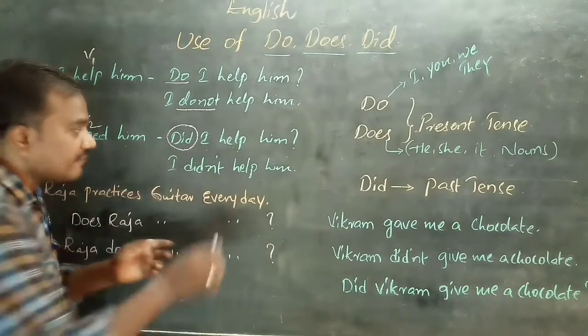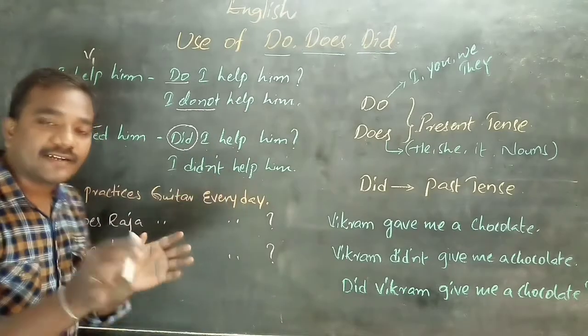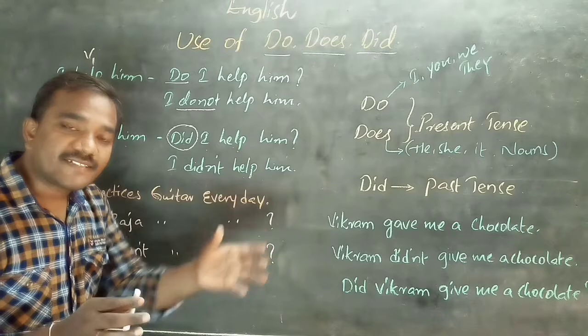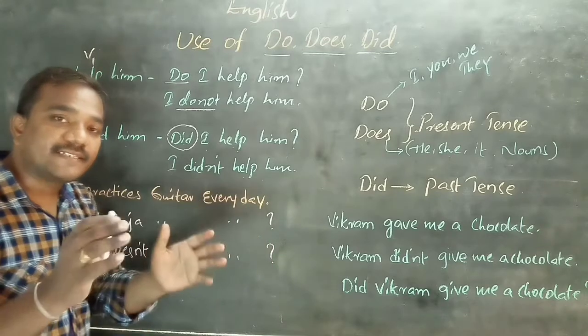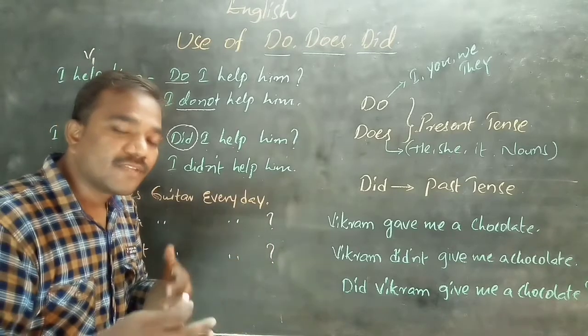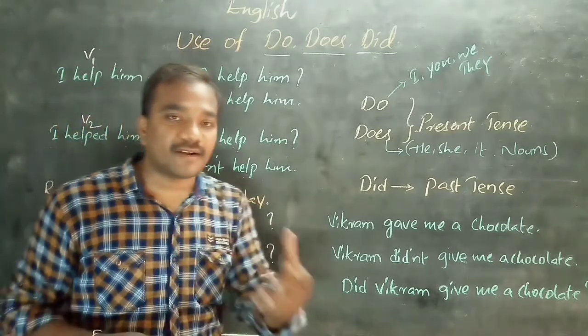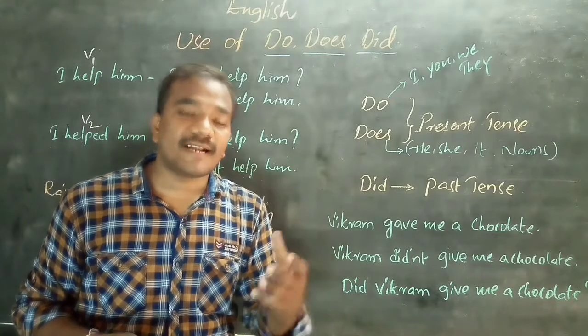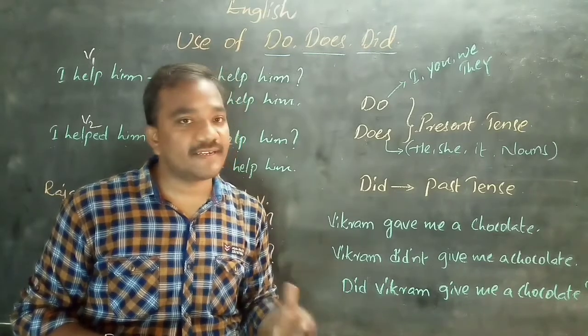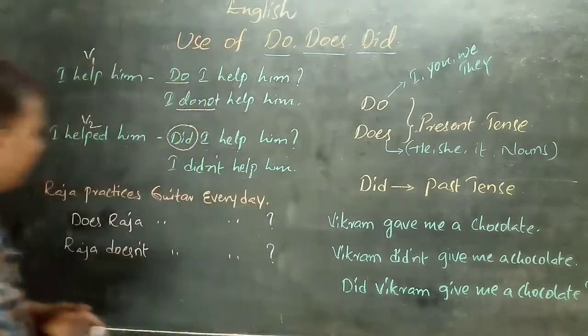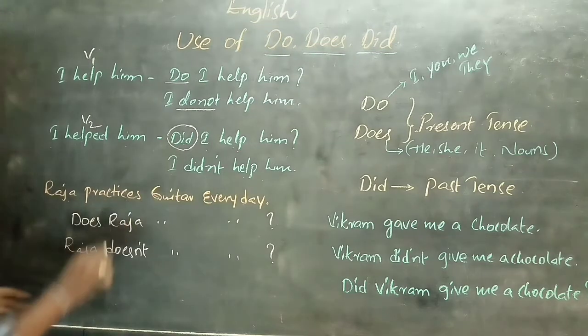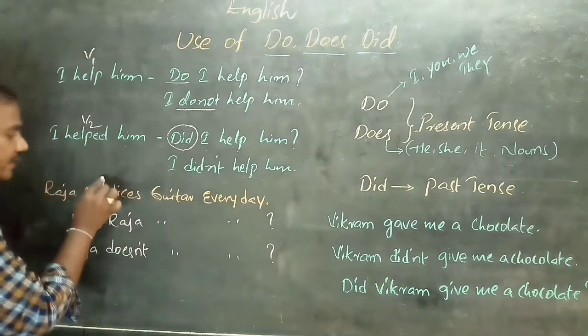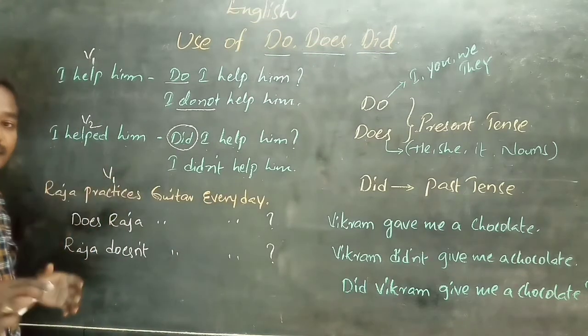See, negative means if I add no, not, never words in the sentence after the helping verb, that sentence can be called negative. If no, not, never words appear next to the helping verb in a sentence, it definitely becomes a negative sentence.